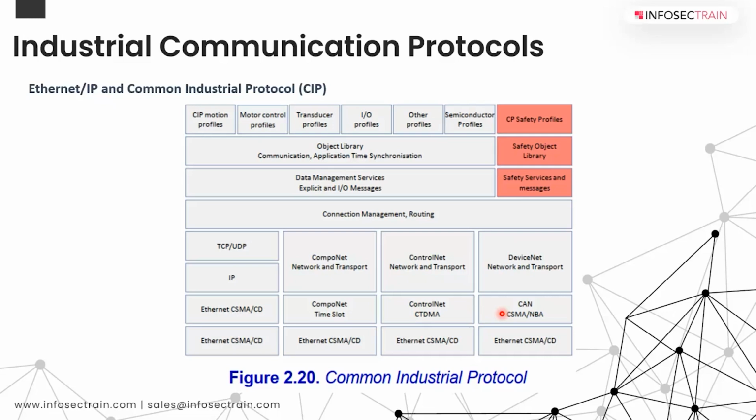So what happened is a number of CIP adaptations came in, providing interconnection and integration between different types of networks. One of the adaptations is EtherNet/IP, which is an adaptation of the Common Industrial Protocol over TCP/IP. Another adaptation is ControlNet.